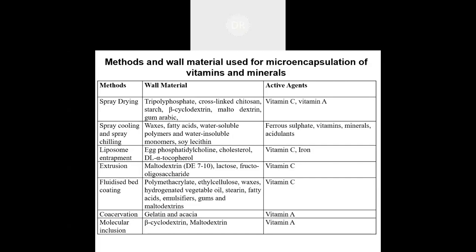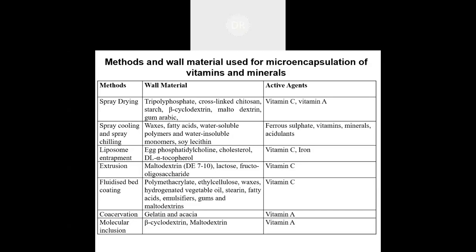Next, these are some of the methods and wall materials used for the encapsulation of vitamins and minerals. For the encapsulation of vitamin C and vitamin A, spray drying is used with chitosan, maltodextrin, or gum arabic as a wall material.